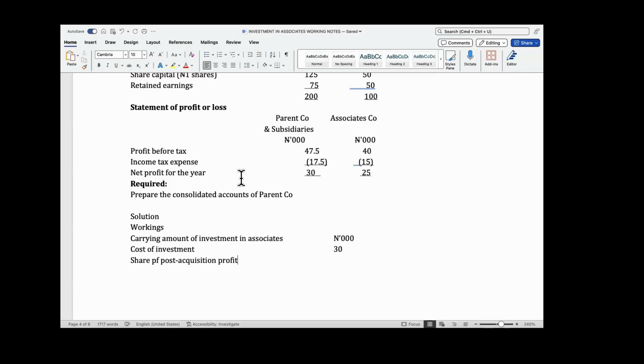Or should I start with the workings and then be doing the consolidation interchangeably, because the time is limited? I just saw this question now that we're about to start solving, and I'm now like in an exam situation. What should I do first?